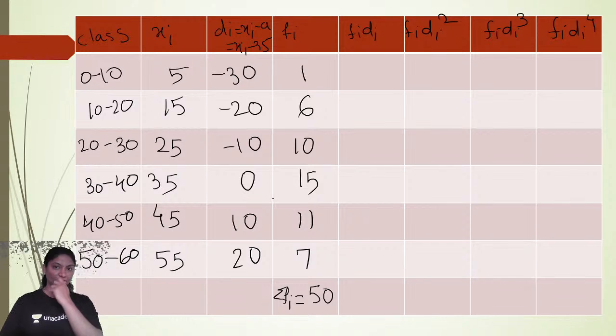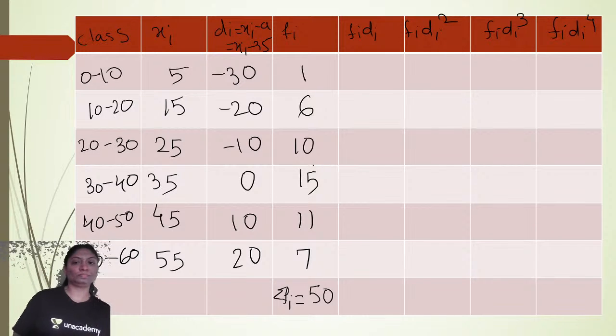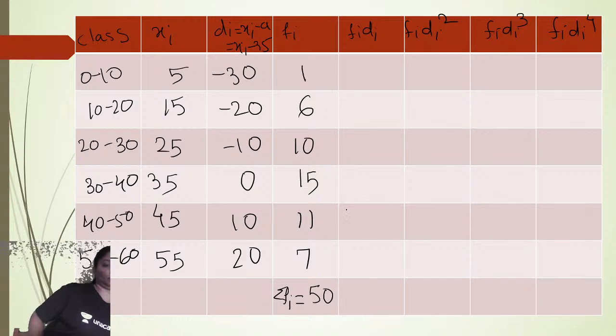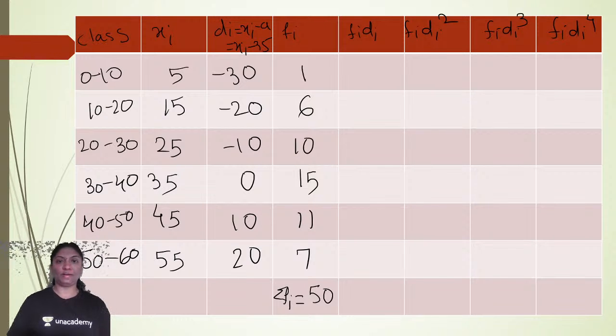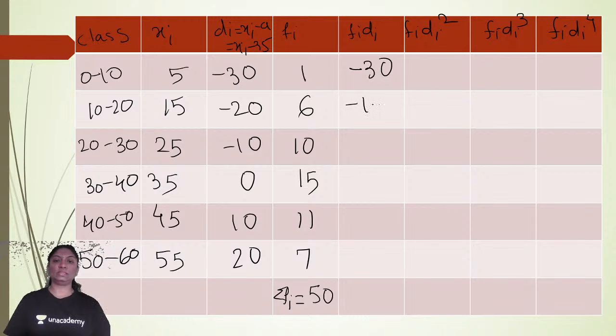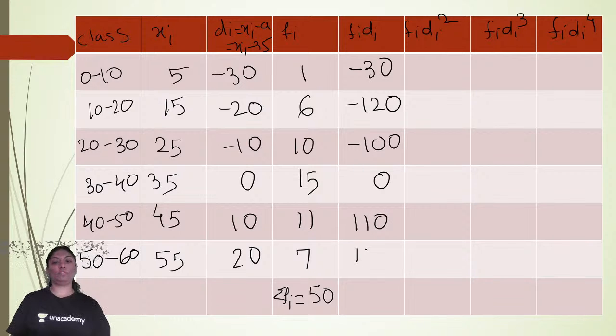You can cross verify. So it is 50. fi into di, our usual calculation. Fi into di, that is minus 30, minus 120, minus 100, 0, 110, 140.